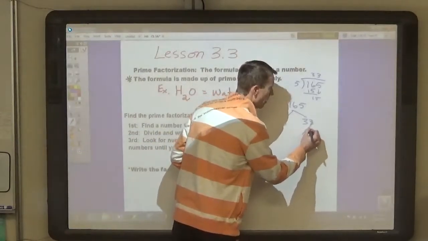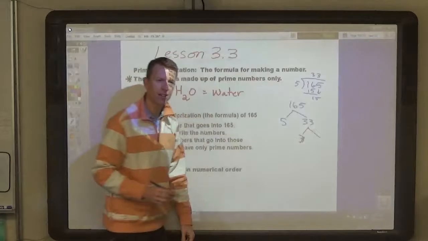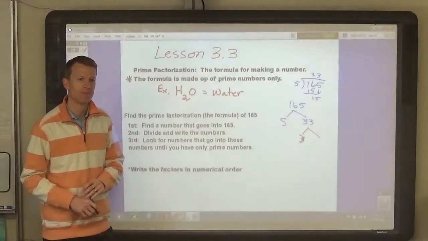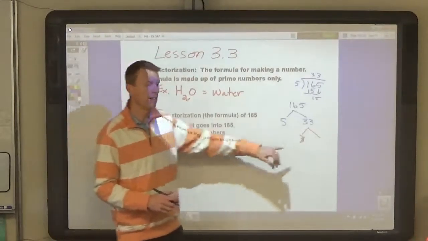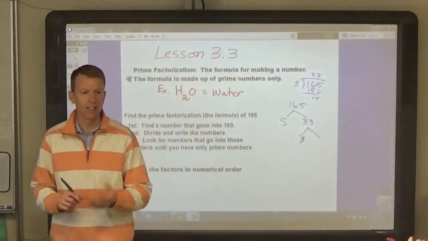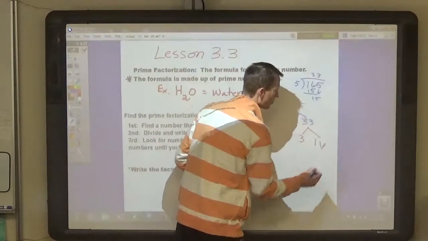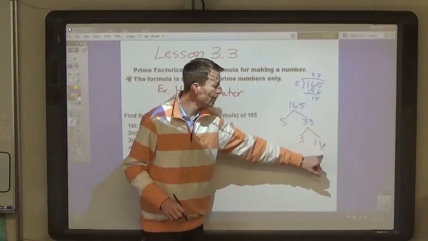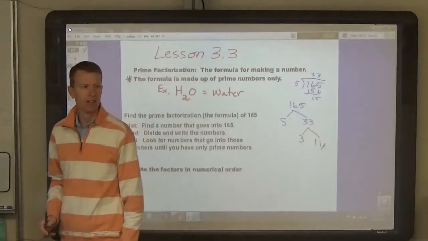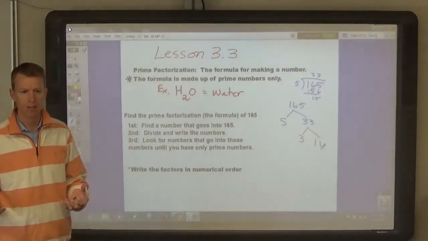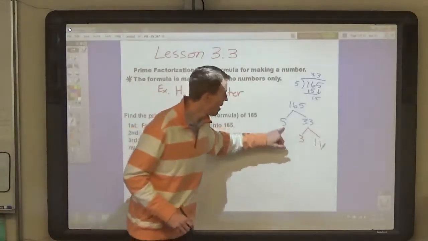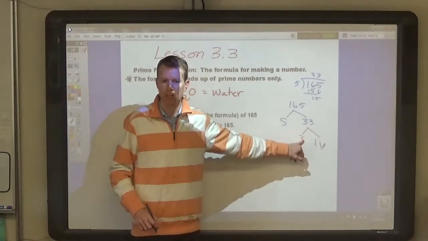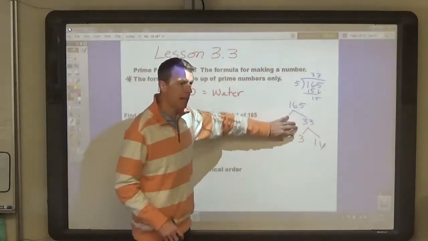So we're going to use 3 and another number. 10. 3 times 10 is 30, so you're close. 11. 3 times 11 makes 33, right? Now, can we make any leaves off of these? No, because they are prime. 5, 3, and 11 are all prime numbers, so that's where we can stop. That's where our diagram stops.